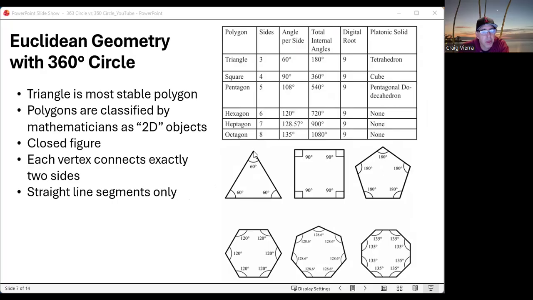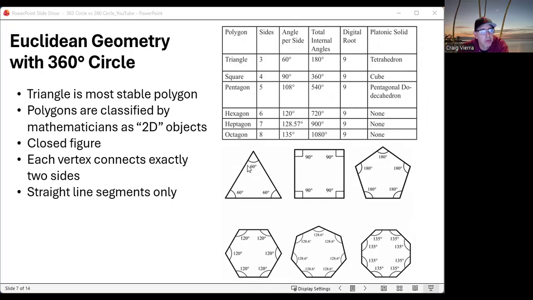If you were drawing it, a point would be known as a vertex, which is the more technical word. You can see we have 2 edges, 2 lines, connected here. This is another vertex, 2 sides. This is an equilateral triangle here.